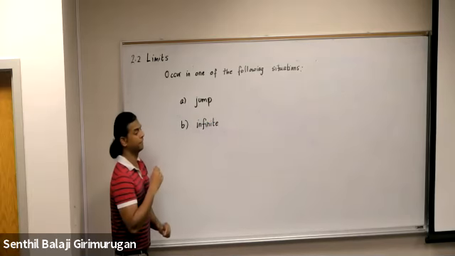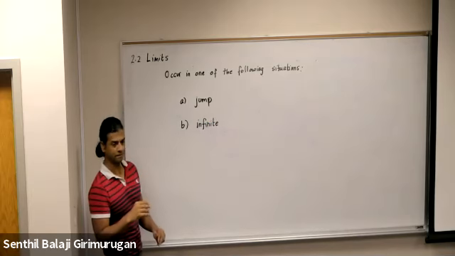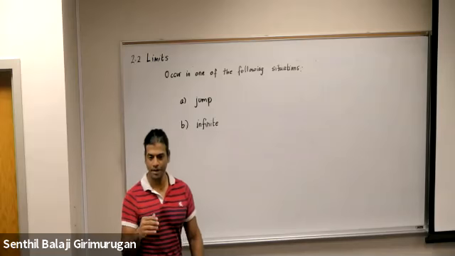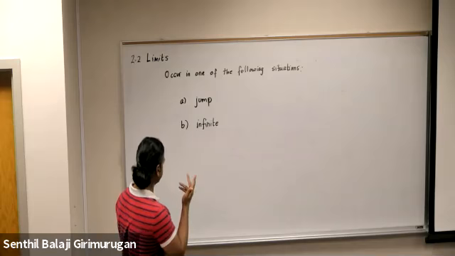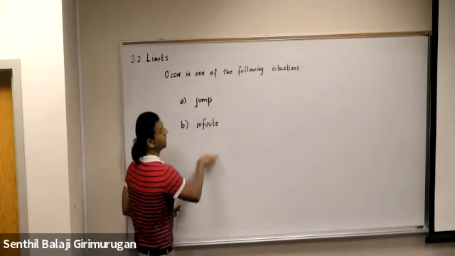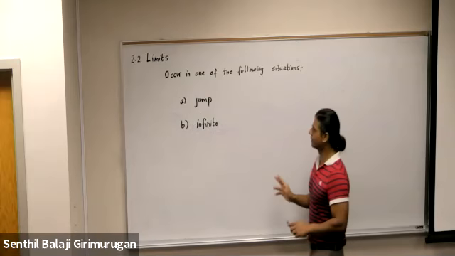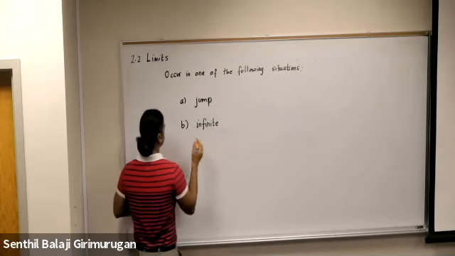When does it happen? It happens when the denominator is 0, and it typically happens with a rational function or other types also. If we divide by 0, we will have an infinite discontinuity at some point.